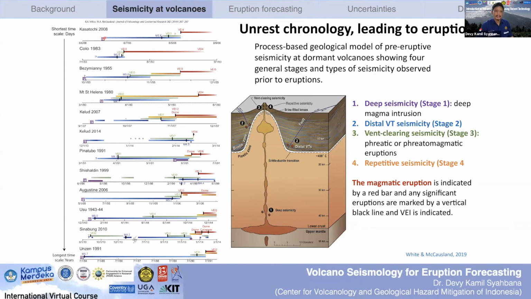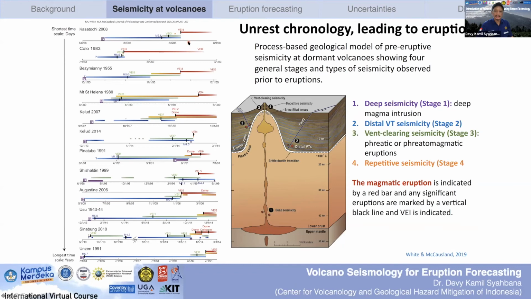And then it increased over time and reached a maximum magnitude of 5.8 before the explosions happened here. So this blue line is the distal VT seismicity. And then it transitioned to the green one, this activity, until the eruptions. And then it moves again to here.